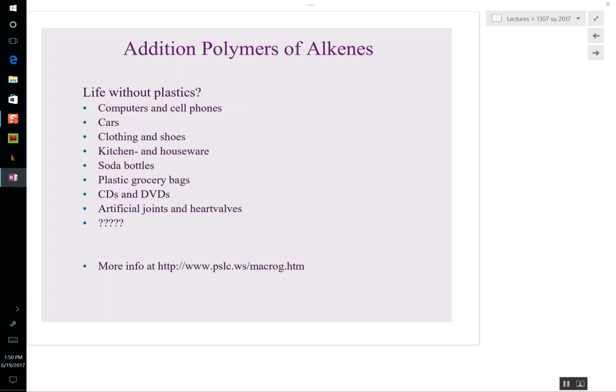So this is a multi-trillion-dollar industry. If you run around the world, you're going to see a lot of plastic. Cars, chairs, computers, the markers, these bottles, it's all plastic. Polystyrene is used as home insulation. It's all over the place.